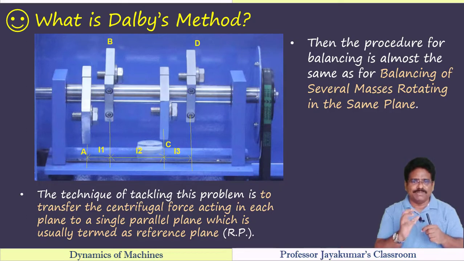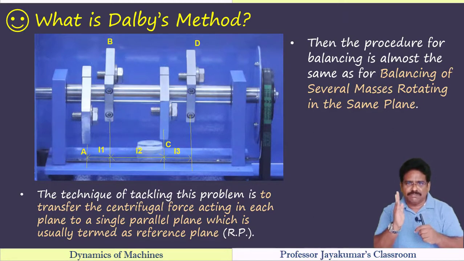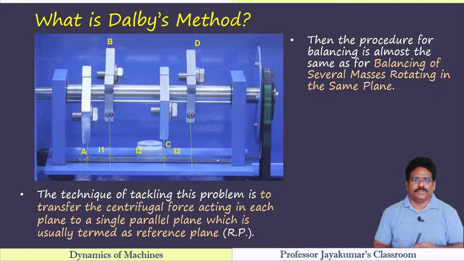So Dolby's method gives us the technique to transfer the centrifugal force acting in each mass, in each plane, to a reference plane. Once all forces are transferred to a reference plane, then the procedure of balancing is almost the same as that of balancing of several masses rotating in the same plane, right?